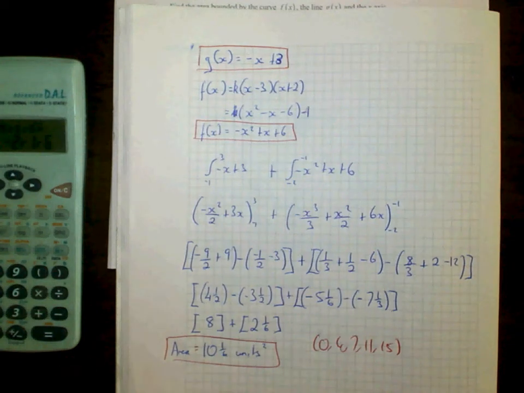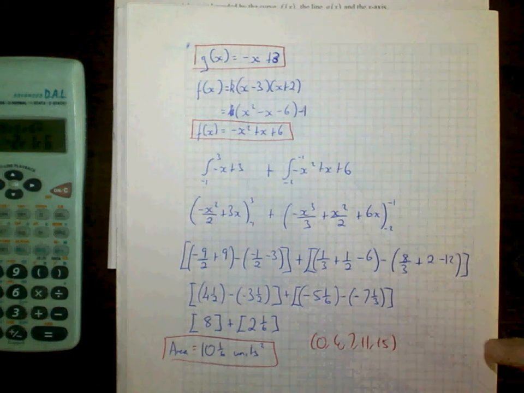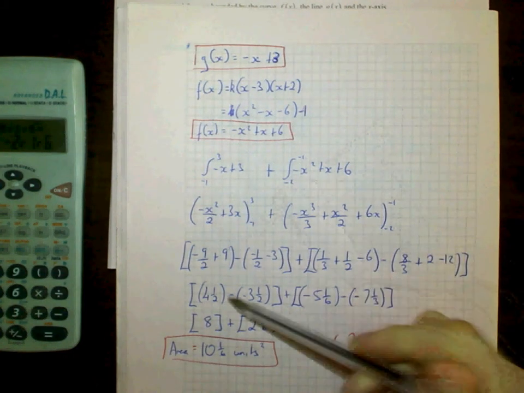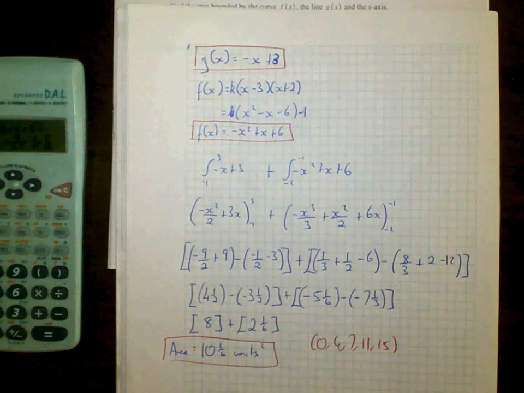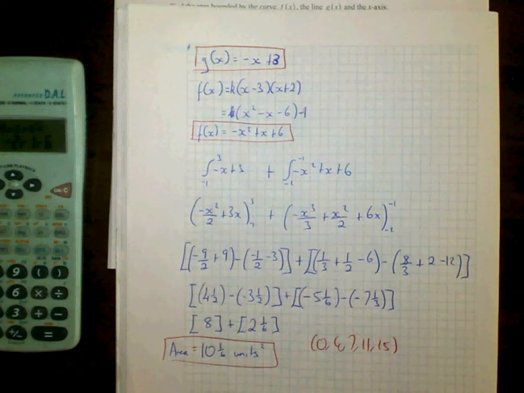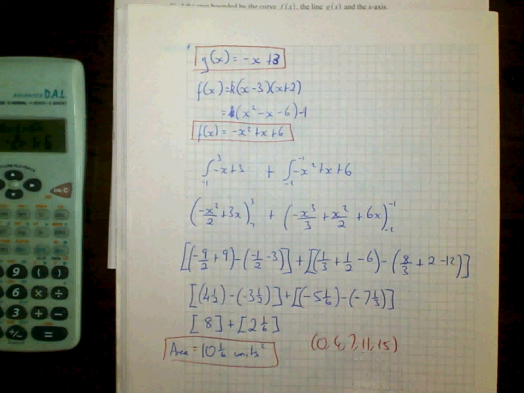If you didn't even get that far, you're only going to get 4. 11 is for reading the points from the graph, finding points algebraically, and finishing with no more than 2 errors. 11 basically is 1 error, and then 15 is the whole thing correct.